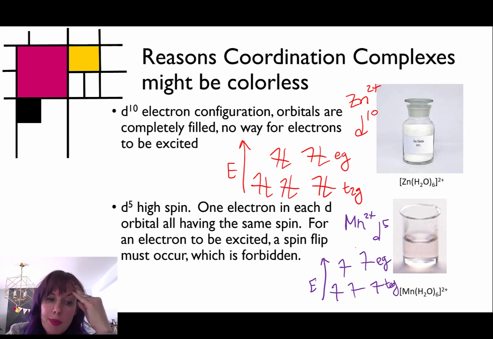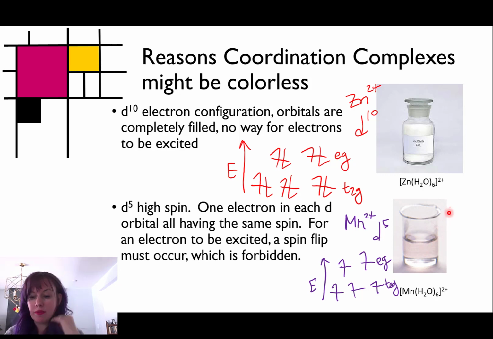And so what's happening here is because all of these electrons are all spin up, to excite an electron from the T2G to the EG orbital, we'd have to have a spin flip, which is a forbidden transition. So that's why this manganese complex is almost clear. You can see that it's faintly pink. So a few of these transitions will take place, but not very many.